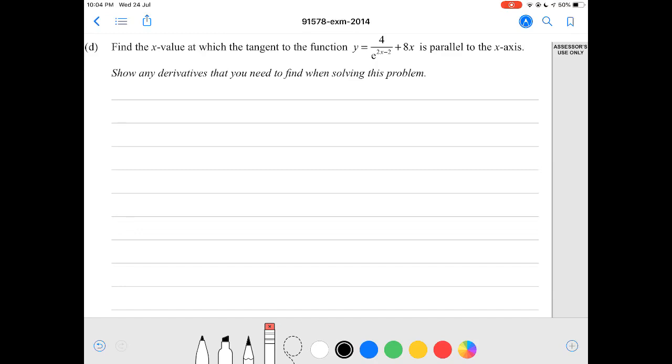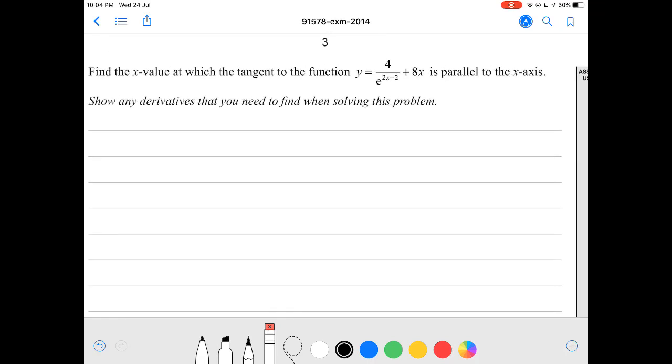So that means we need to use our quotient rule, okay? Our quotient rule states that, calling these the numerator and denominator, it's the denominator multiplied by the derivative of the numerator, minus the numerator multiplied by the derivative of the denominator, and you divide that by the denominator squared, okay?